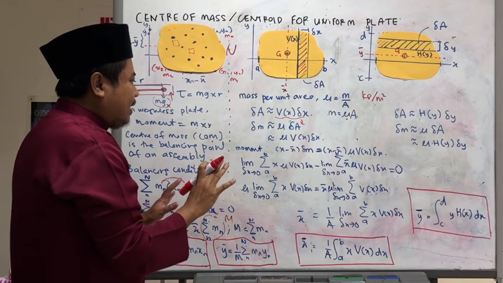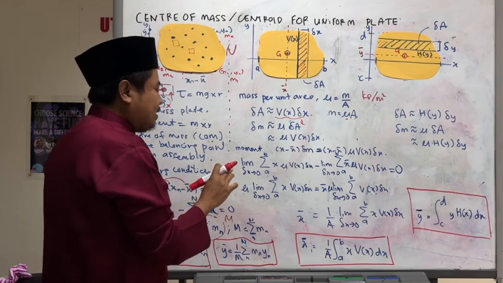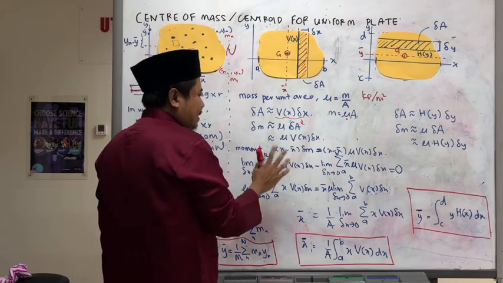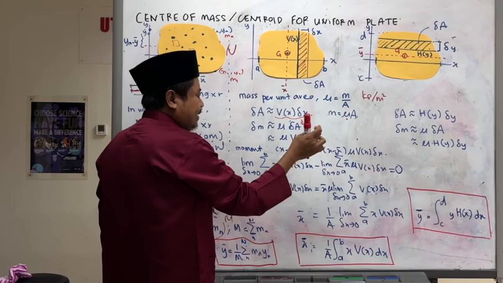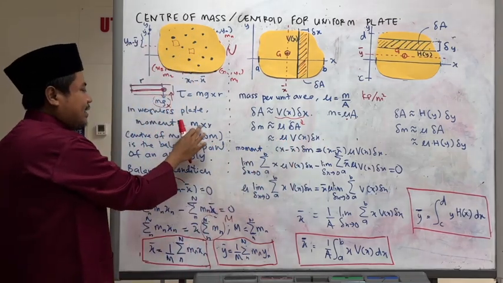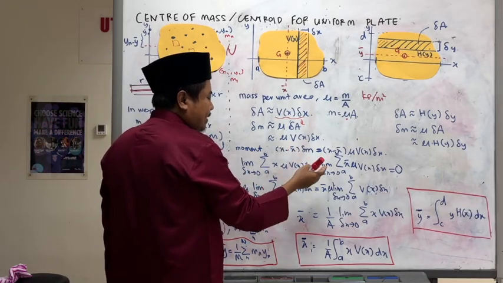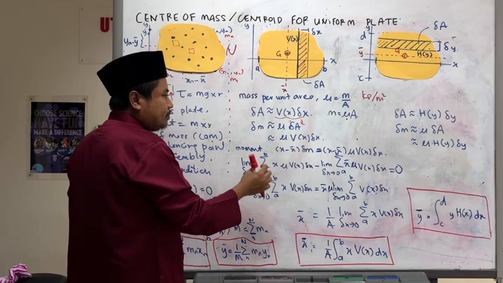Okay, again, we have to use the moment relation. So moment is the multiplication of mass and distance. For the x-axis, distance times mass or mass times distance is just the same.